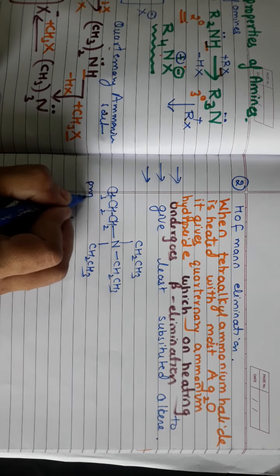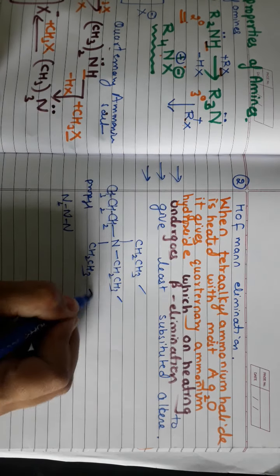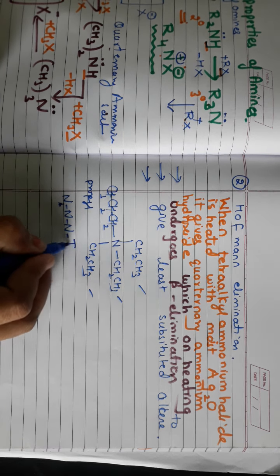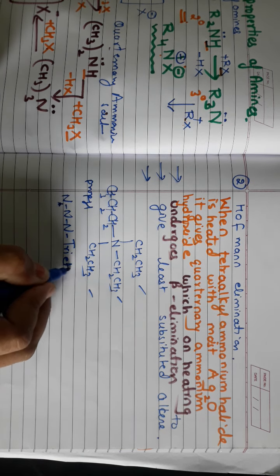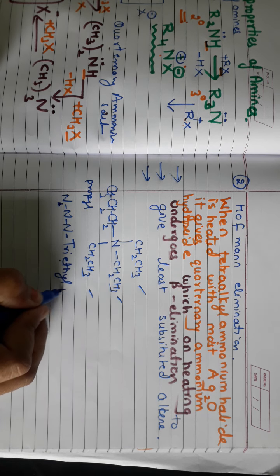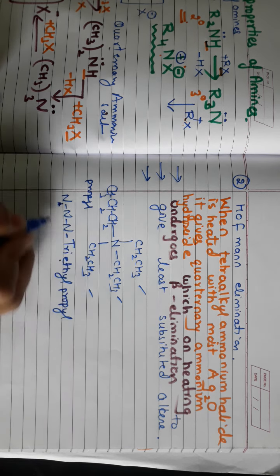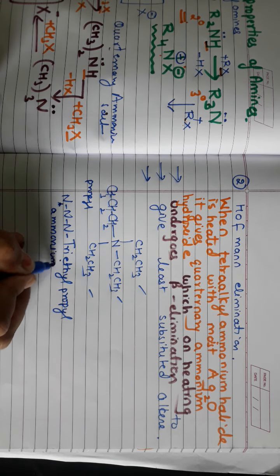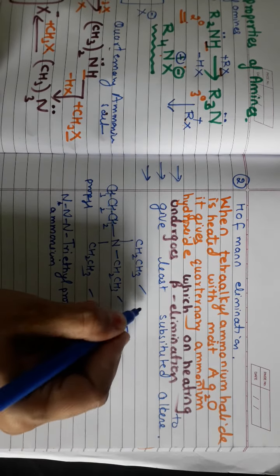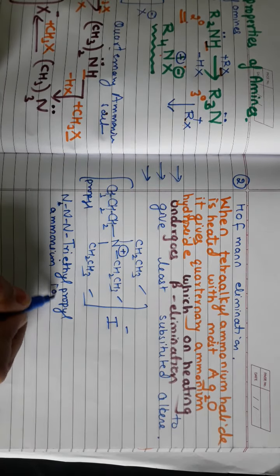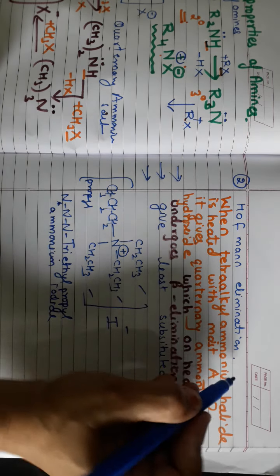So here we are having only one propyl group and 3 ethyl groups. So I will write N,N,N-triethyl, because E comes first alphabetically, and propyl, and then ammonium iodide. Because it is a quaternary ammonium salt, I wrote iodide.